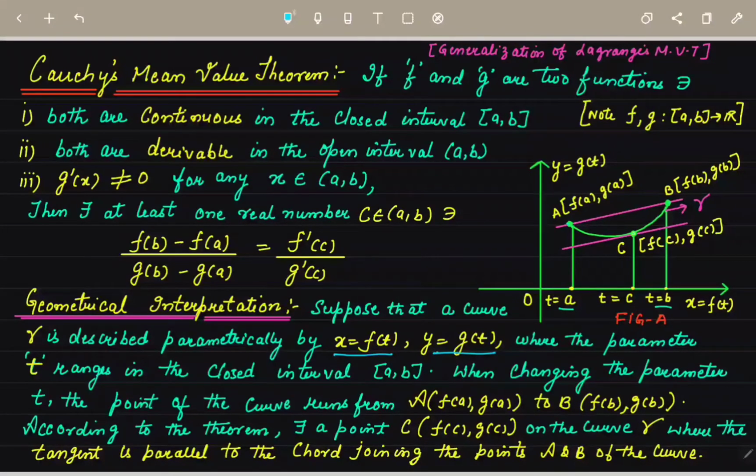When we change this parameter t, the point on the curve runs from A and goes to point B.